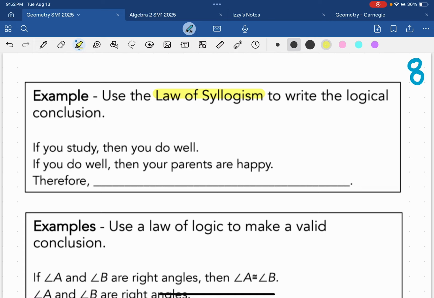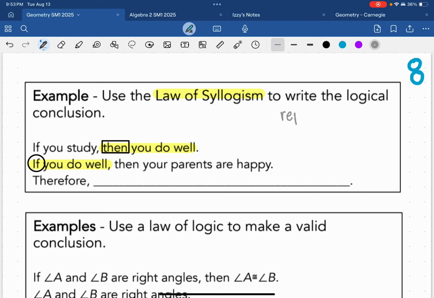So the repeat that I see is then you do well, if you do well. Now, what I'm going to do is box in the word then anytime I see it, and circle the word if anytime I see it in my highlighting. All right, let me quickly change to my gray marker, and if you want to add this, you can, but here's how I know that it's the law of syllogism.